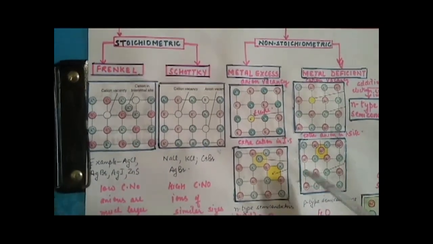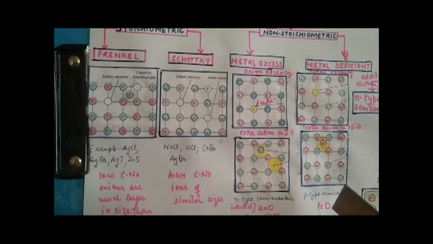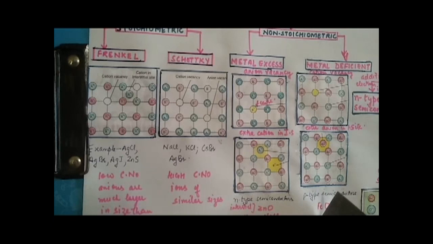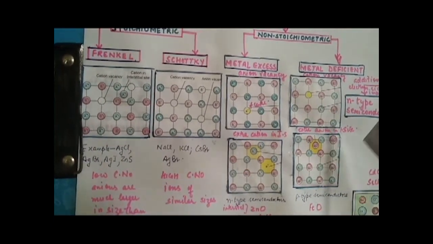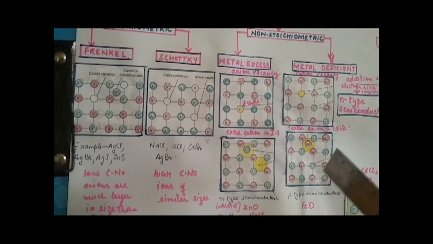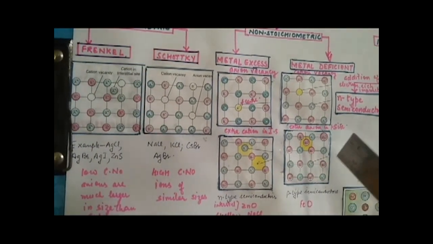You may also observe an interesting phenomenon here in P-type semiconductors. For example, in the case of iron sulfides or iron oxides, you will see less iron than oxygen. Iron content is about 93 to 96%, whereas oxygen is 100%.